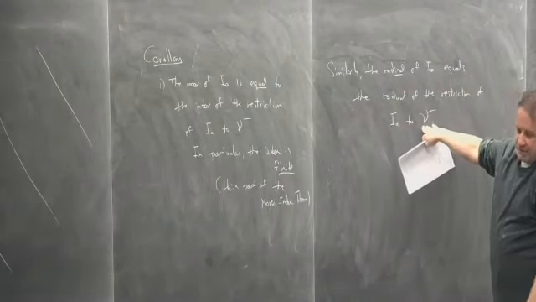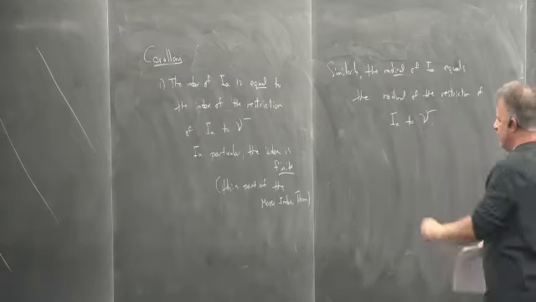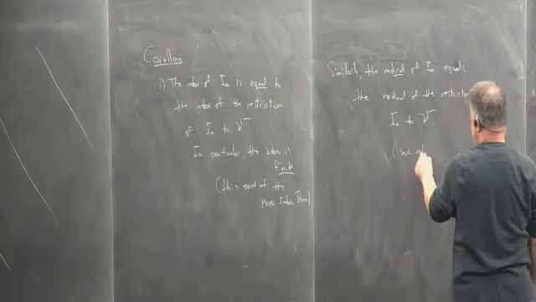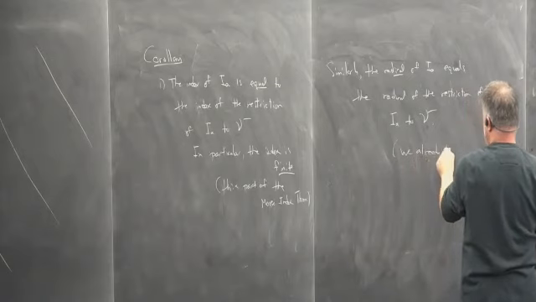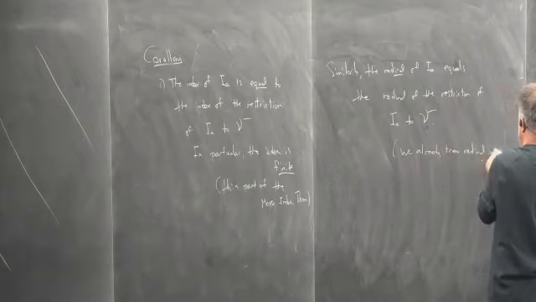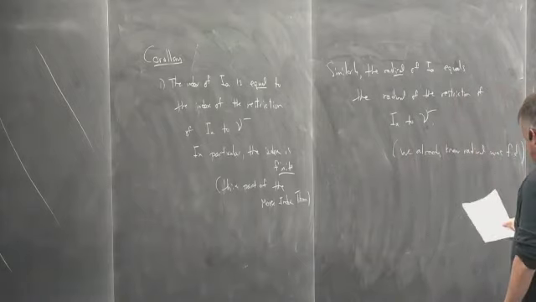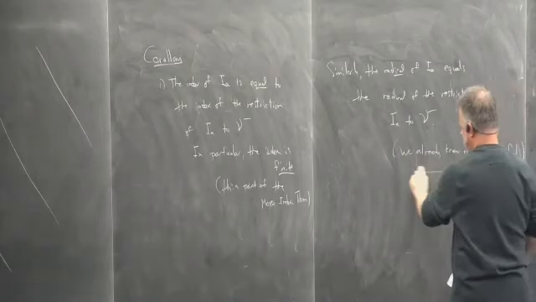Okay, so that tells you that the radical is finite dimensional, but we already knew the radical was finite dimensional. So that doesn't give us that much new information.